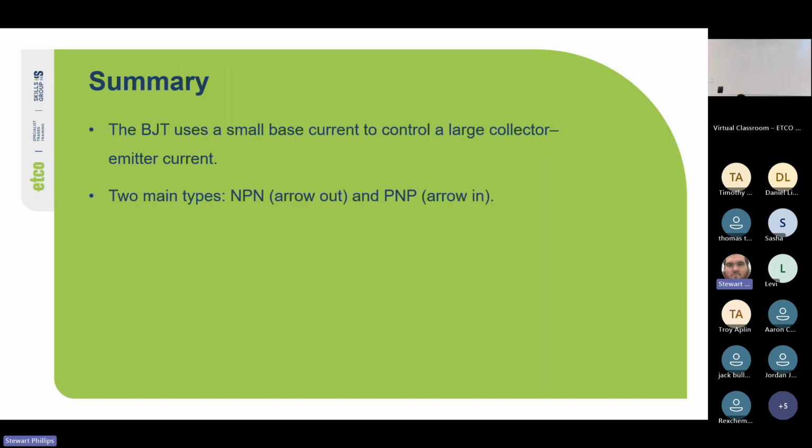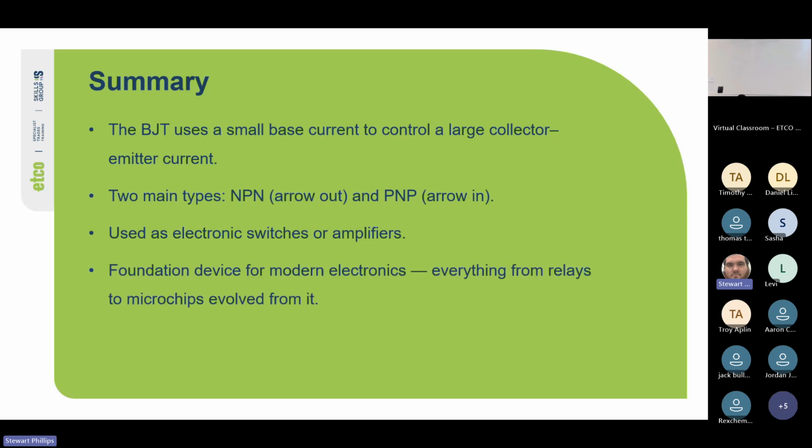The two main types are NPN, arrow out, flowing out of the emitter, and PNP, arrow in, flowing into the emitter. They're used as electronic switches or amplifiers, using the gain function. Cool. So it is the foundation device for modern electronics. Everything from relays to microchips evolved from it.